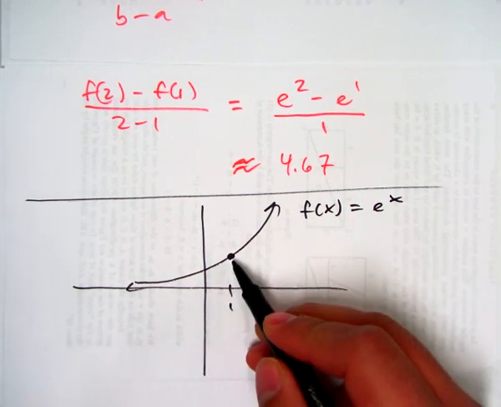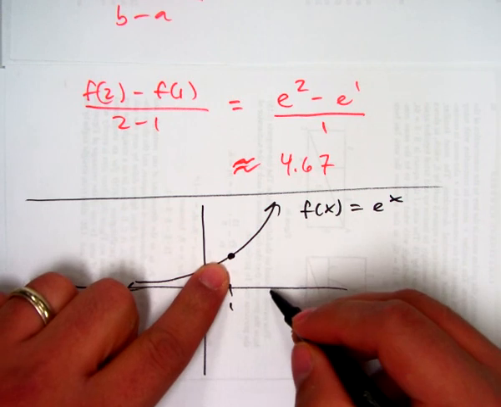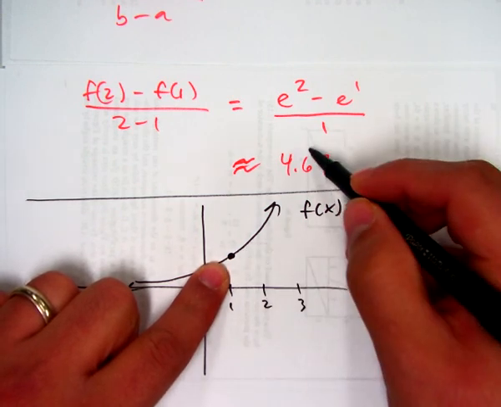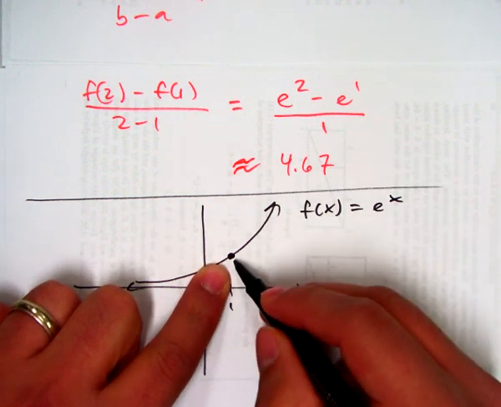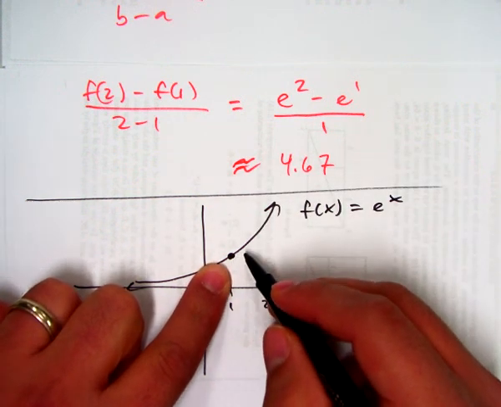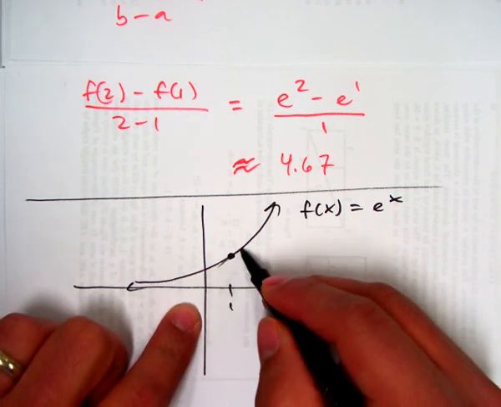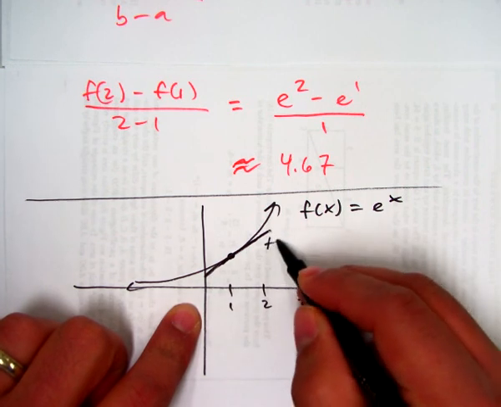Let's say I wanted to find, not an average, so I could go out to 2 and 3 and connect all these points and find these average slopes. Let's say I actually wanted to know the slope here. You might have learned in physics already that a good way to do that is to draw a line that we say is tangent at this point.